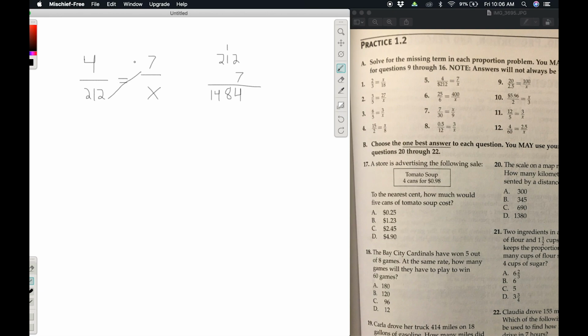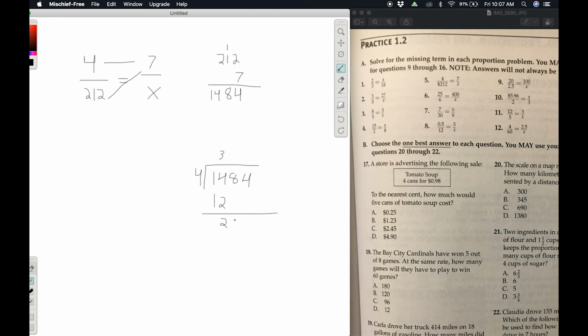So we have 1,484. We need to divide this way. So 1484 divided by 4. 4 goes into 14 how many times? 3 times. 3 times 4 is 12. 4 minus 2 is 2. Does 4 go into 2?